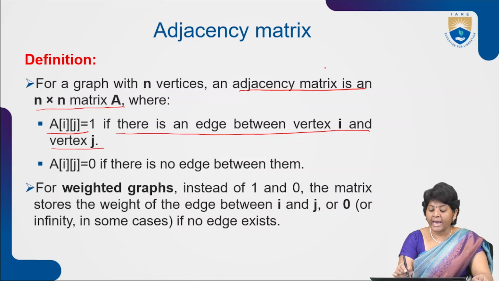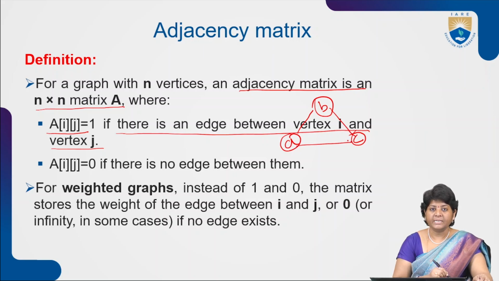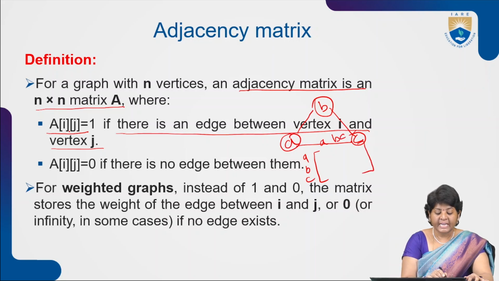We took just now an example A, B, C, which are connected: A to B, B to C, A to C. Now, when we are representing the matrix A, B, C, as per the definition, if the connection is established between i and j, then it is marked as 1.